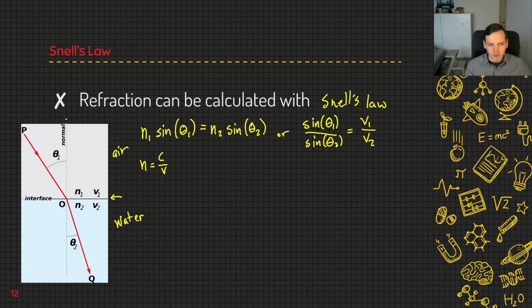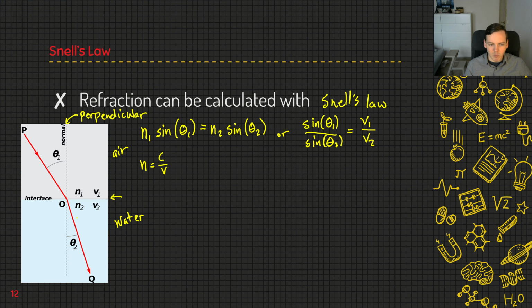And then there's also this normal, which is a fancy word for perpendicular line. If the light is coming in at this angle relative to the normal line, theta 1, when it gets to the water, it slows down and it bends towards the normal line because it slows down.